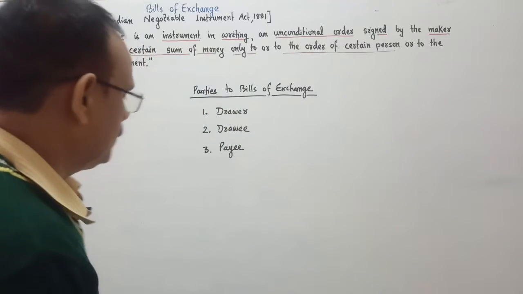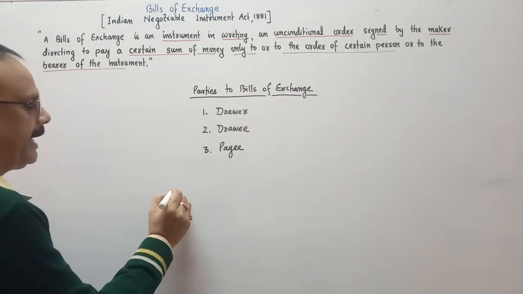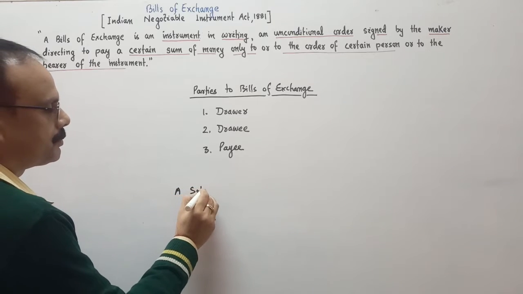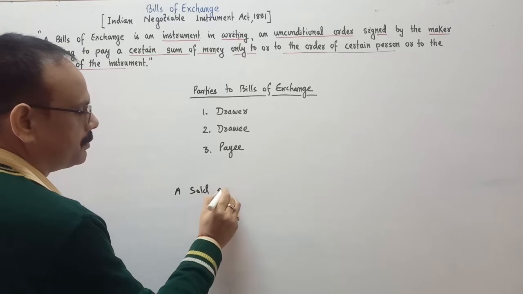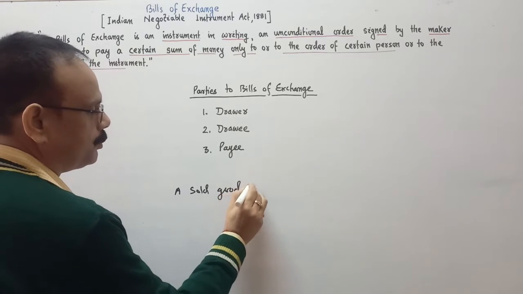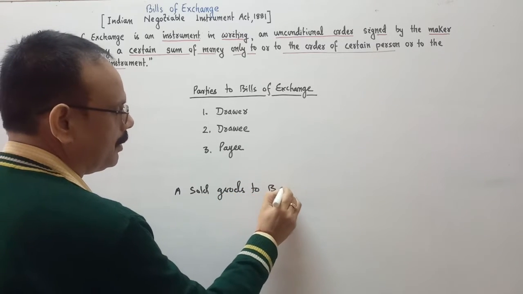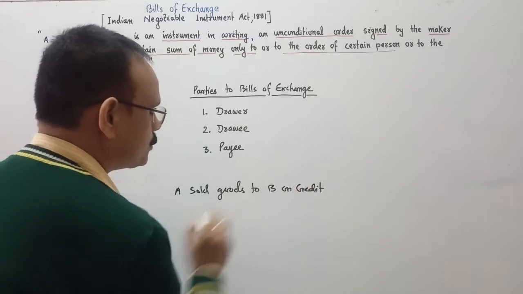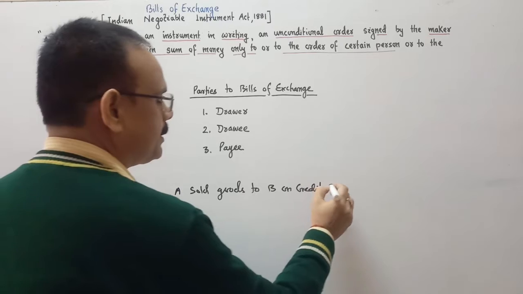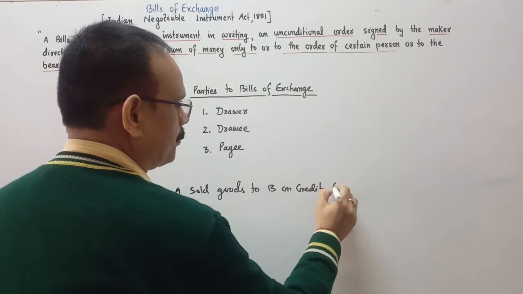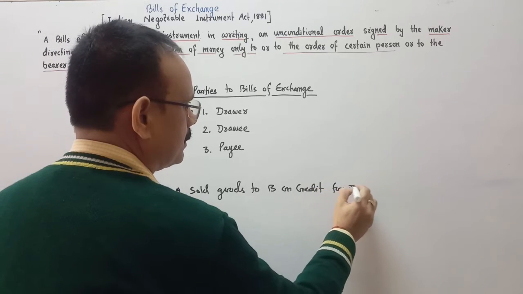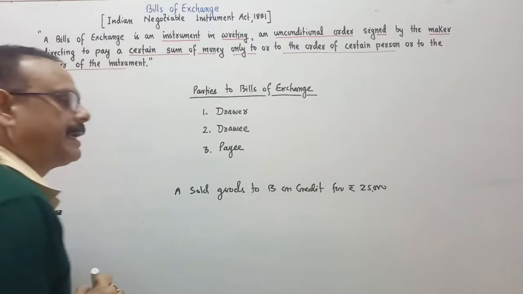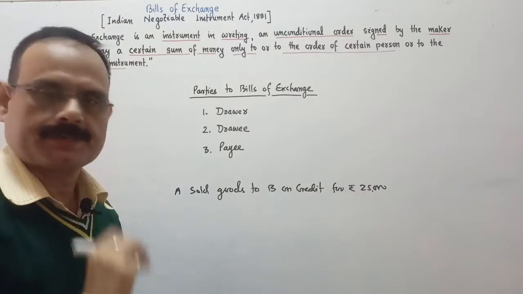For instance, A sold goods to B on credit for rupees 25,000.